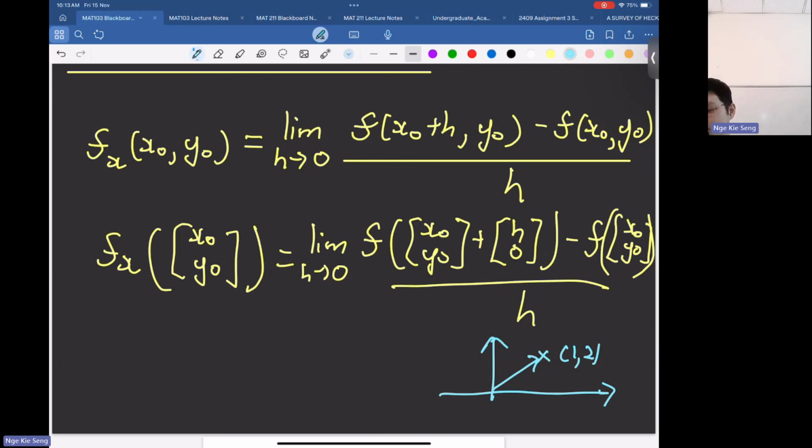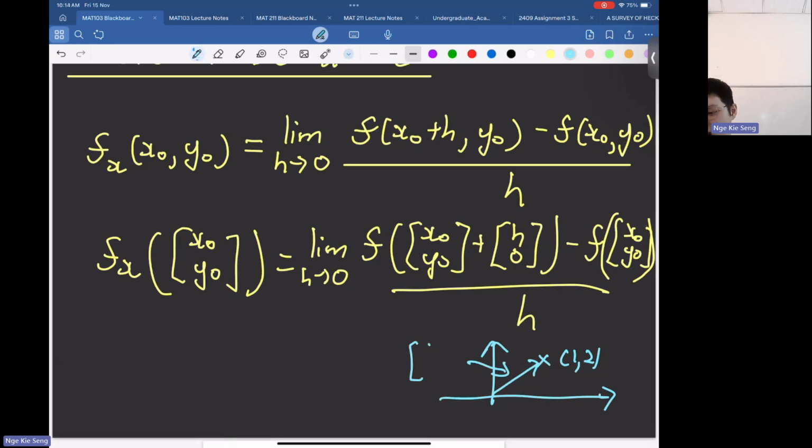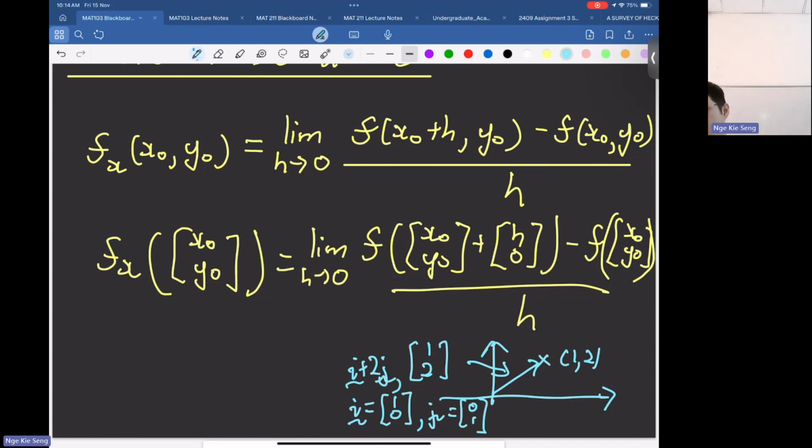Okay, yeah, sure. So you can write it as (1, 2), or i plus 2j. So what's this i, what's this j here? This i is exactly your standard basis. How do you get this (1, 2) here?